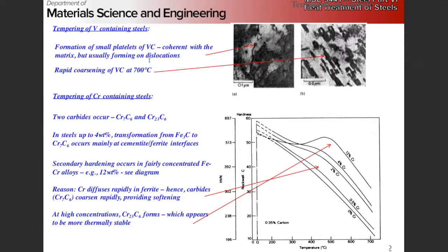They coarsen rapidly at higher temperatures, right? But if you have chrome in there too, you get these very thermally stable chrome M23C6 carbides, which help you maintain strengthening at higher temperatures than just the vanadium alone, right?